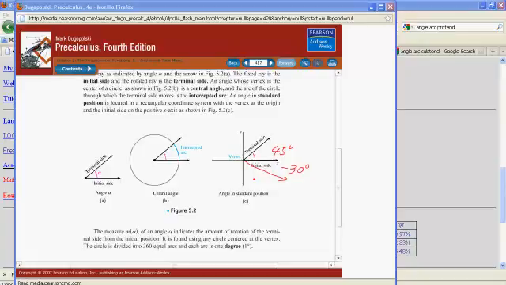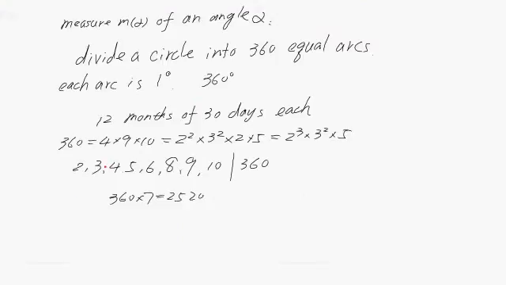Now, if we have an angle which is between 0 degrees and 90 degrees, say alpha is greater than 0 degrees and less than 90 degrees, then we call such an angle an acute angle. So alpha is an acute angle.